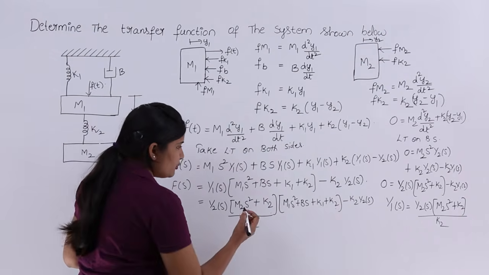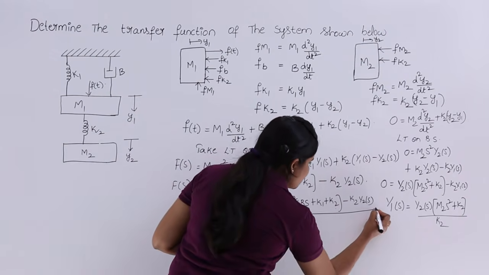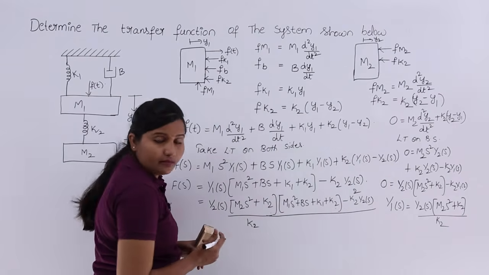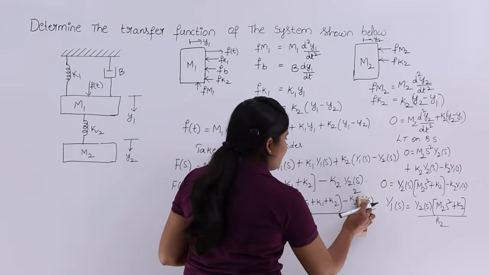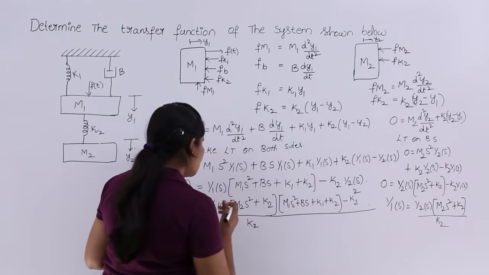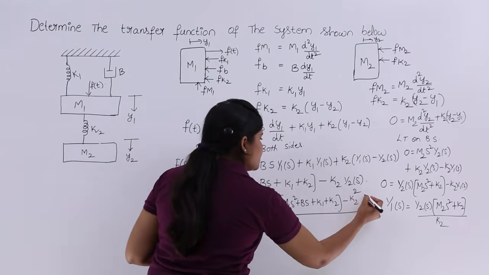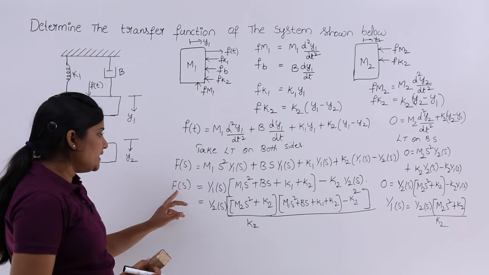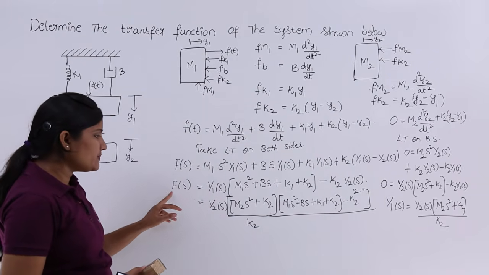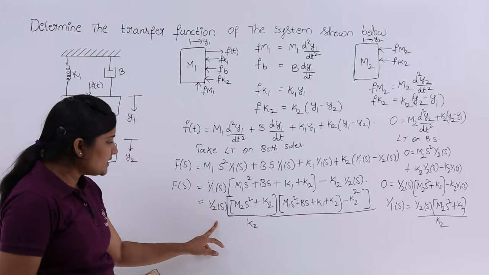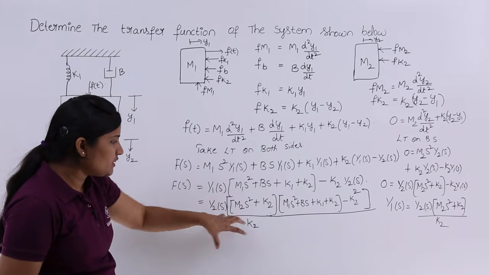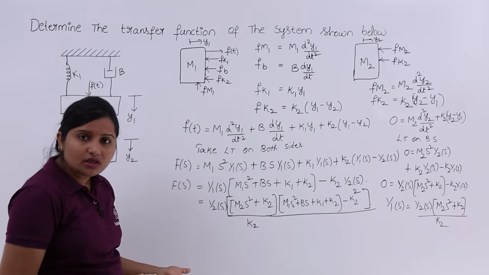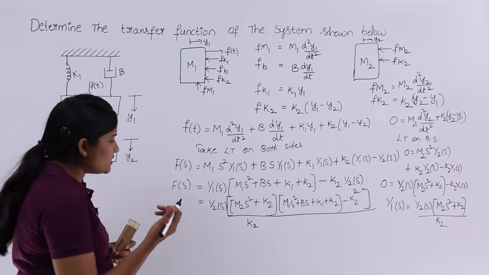If you want to make this the common denominator, you need to make this k2 square, and here if you want to take common y2 of s, I can take like this. Now what you actually want is y2 of s by f of s. You need to send this f of s to this side, and this total multiplication factor to this side. Then you are going to get the transfer function of this system.